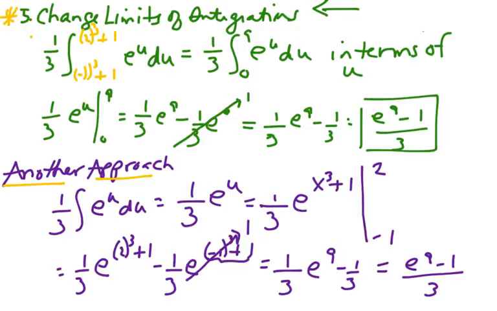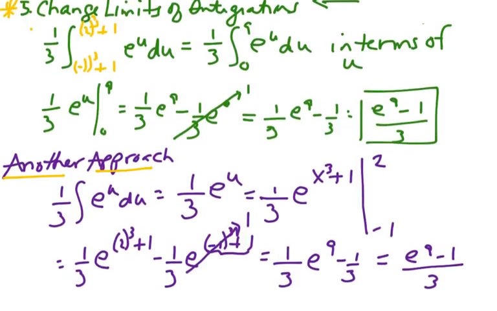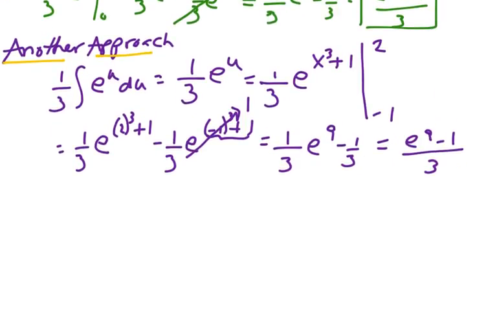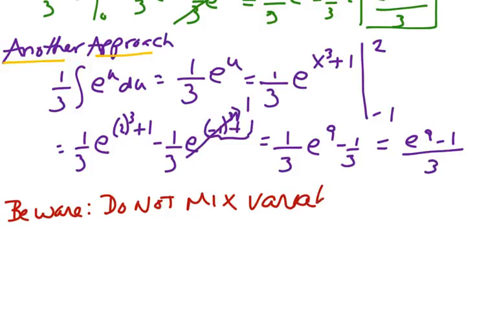Just be careful. Alright, so I want to put a big beware here at the bottom, and maybe I'll write it in red. Beware. Do not mix variables. If you work in terms of u, stay in terms of u. If you work in terms of x, stay in terms of x. Okay, so no mixing of variables.